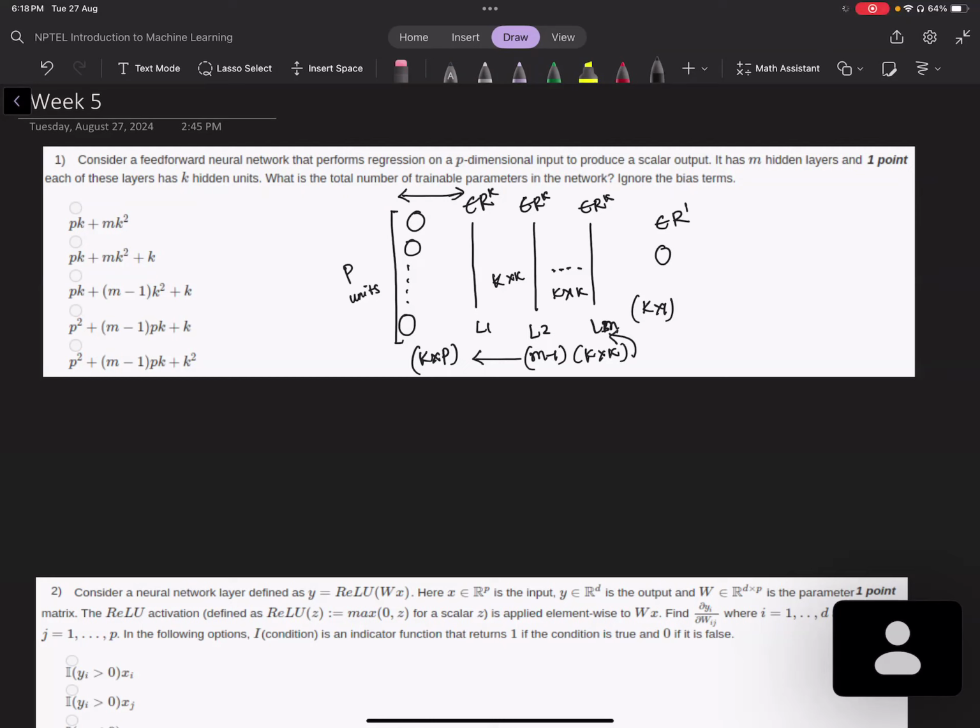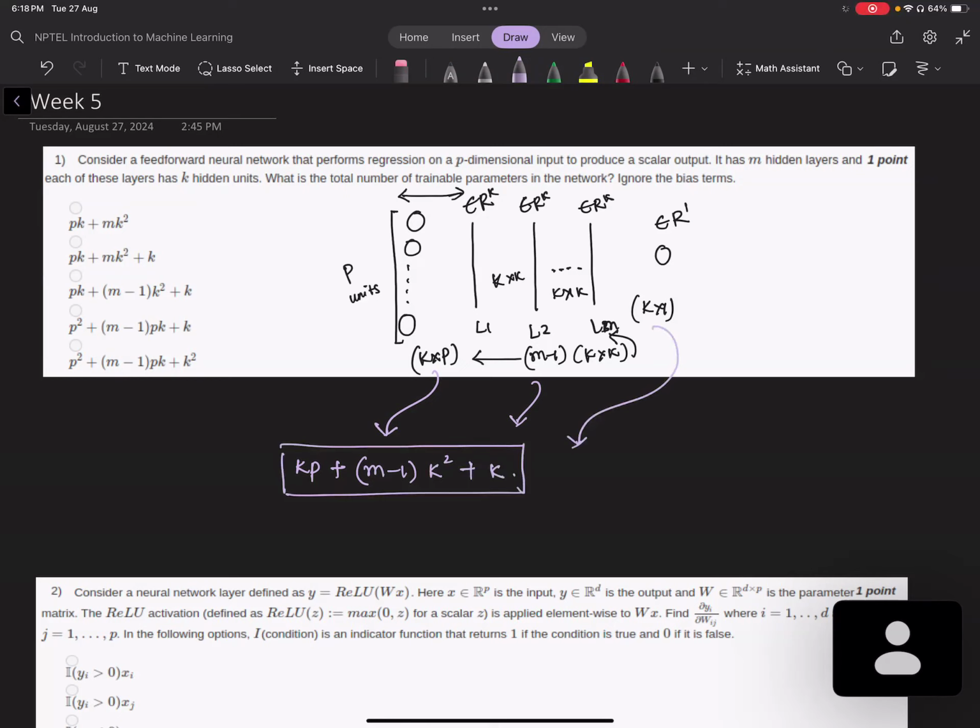So if you connect all of these, you'll have kp plus (m minus 1) times k squared plus k. These will be the trainable parameters.